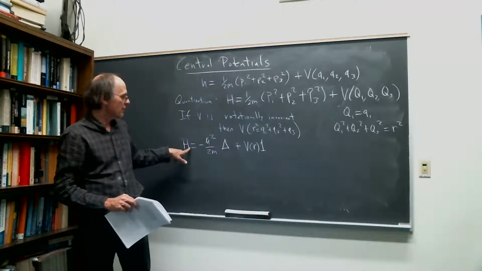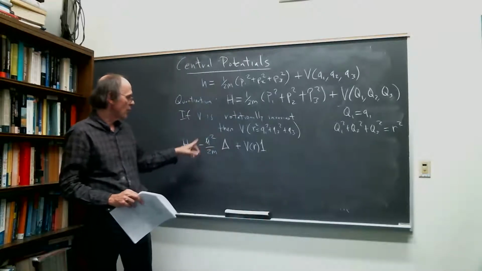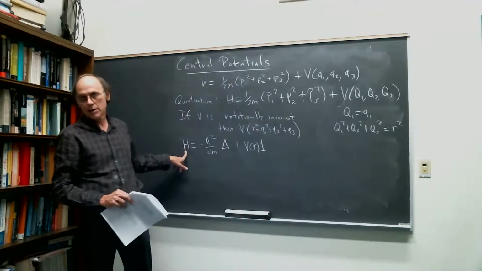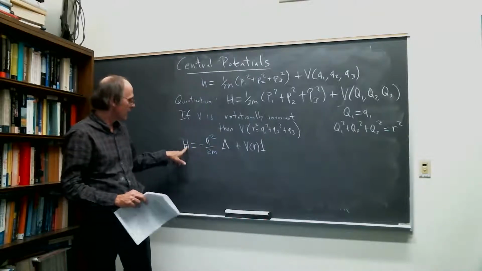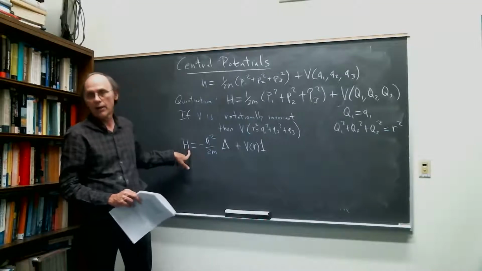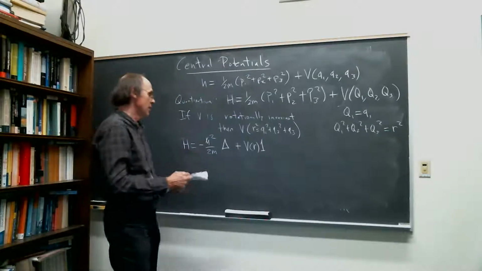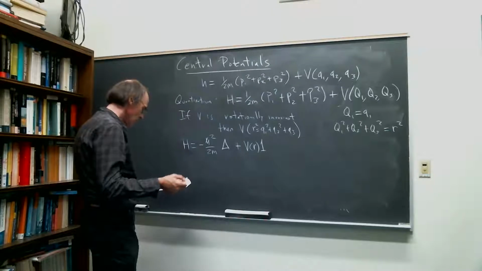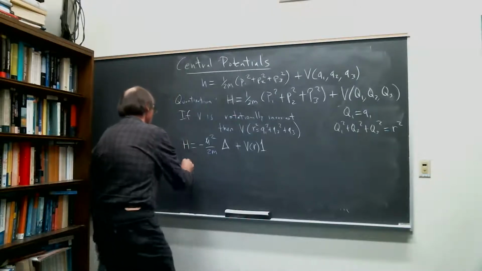So if you want to solve Schrodinger's equation, you want to diagonalize H, and so you want to find the eigenfunctions and eigenvalues of H.